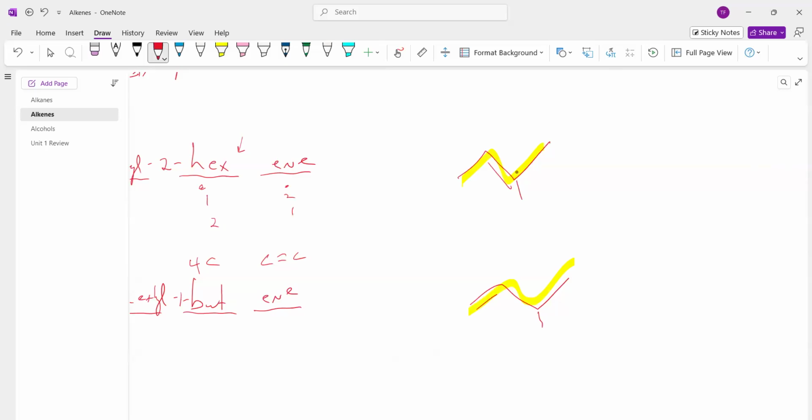Let's look at this area. This has got 2 H's here. This has got an H and a carbon. And this has got 2 carbons. So this complicates naming.